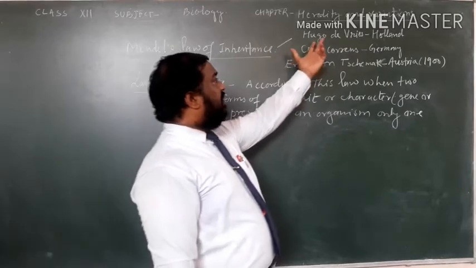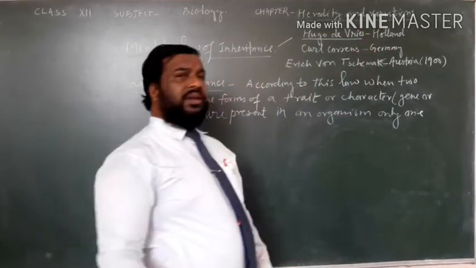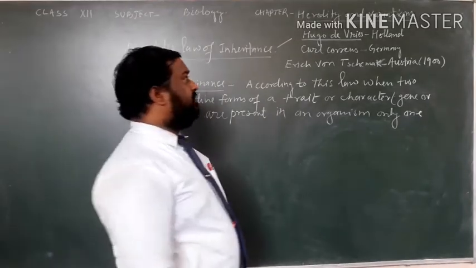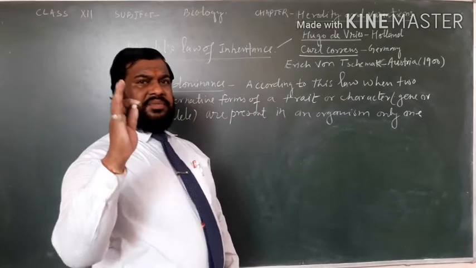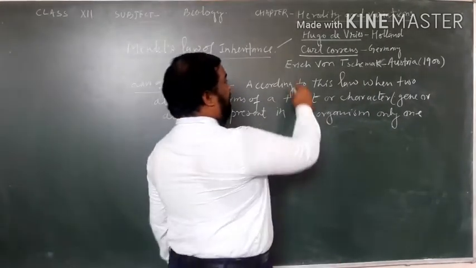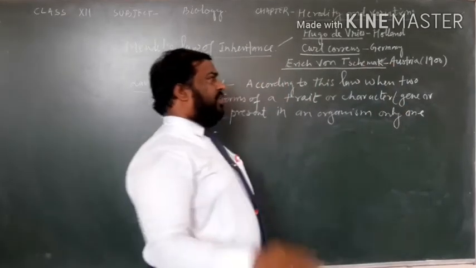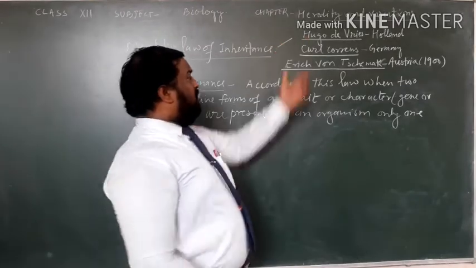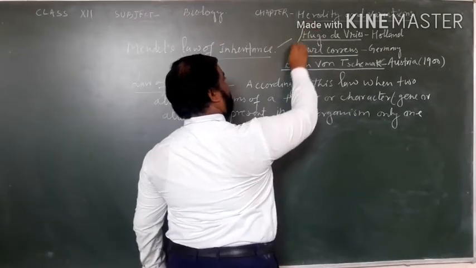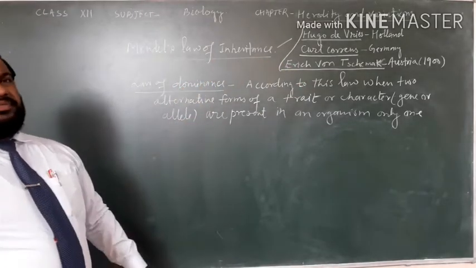One is Hugo de Vries from Holland, Carl Correns from Germany, and Erich von Tschermak from Austria. So these were the scientists who rediscovered Mendel's law.